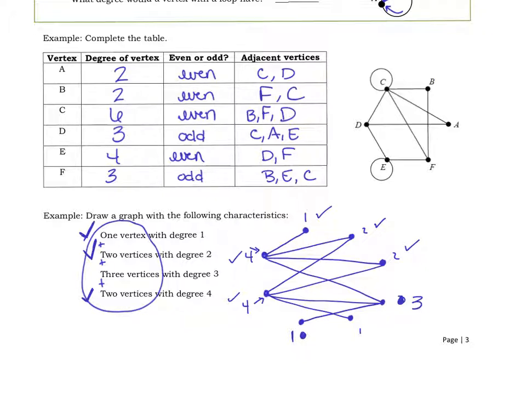Well, I think what I'm going to do here is turn the vertices of degree 2 that I thought maybe were set. I'm going to change my mind. I'm going to make those be the vertices of degree 3. Each one of those is a degree 3. Oops, sorry, draw that down there. And then if I connect up these last 2, then those are now vertices of degree 2.